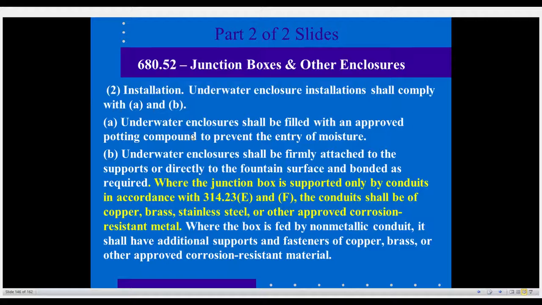All right, and then it has to be secured to the surface by an approved corrosion-resistant material if it is non-metallic conduits, and if it's supported by metal conduits like brass, copper, stainless steel, or other corrosion-resistant material, you meet all those requirements in 314.23 E and F. Once you meet all those aspects of it, there you go. You've met both B1 and B2.